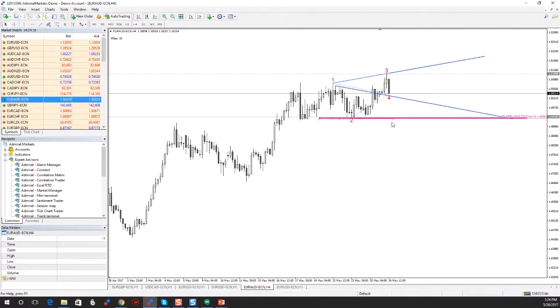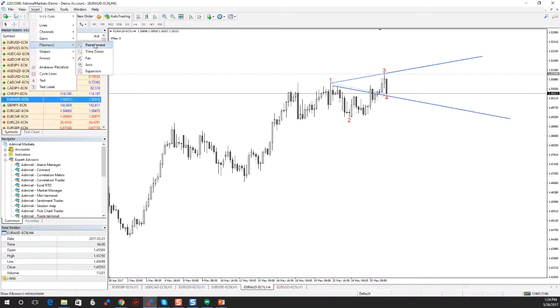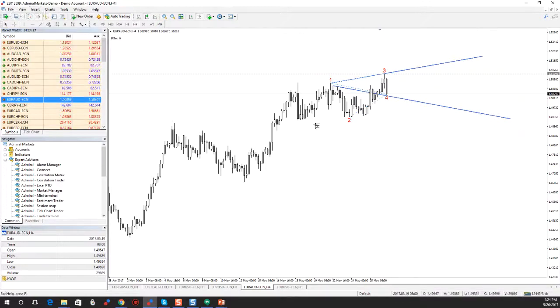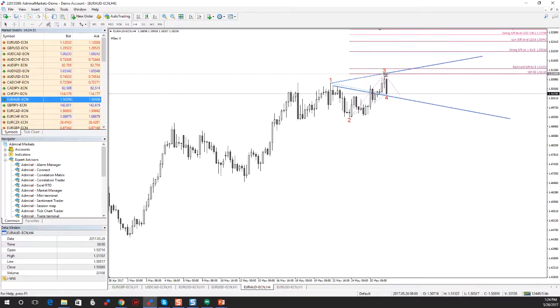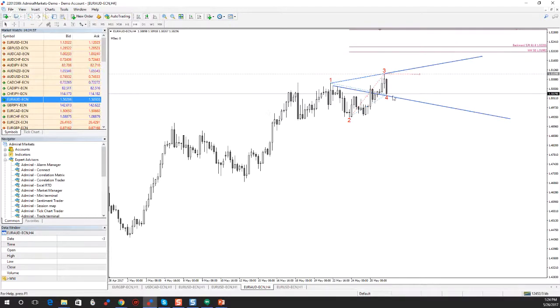Okay, let me just move. It won't move, so I will do it again. So Fibonacci expansion from point 2 to point 3, and here is the angle like this. Once the price breaks above the trend line and hits 50, you enter a sell trade. That is the type 3 bearish entry.